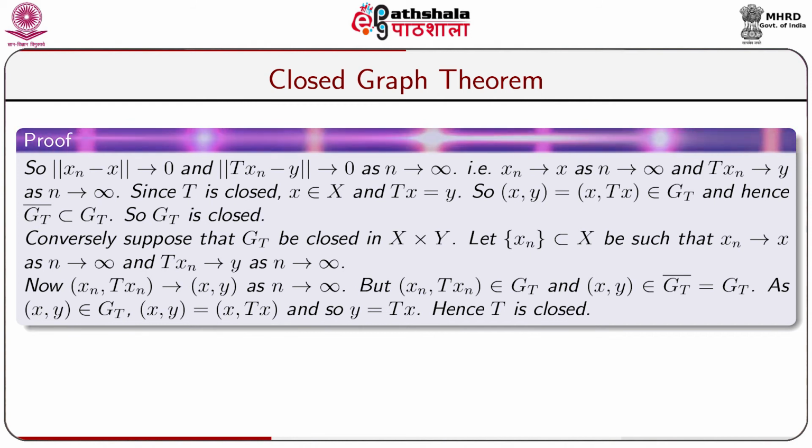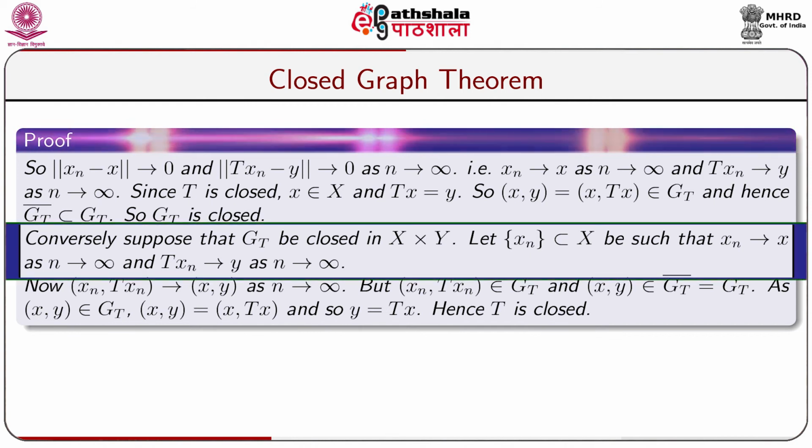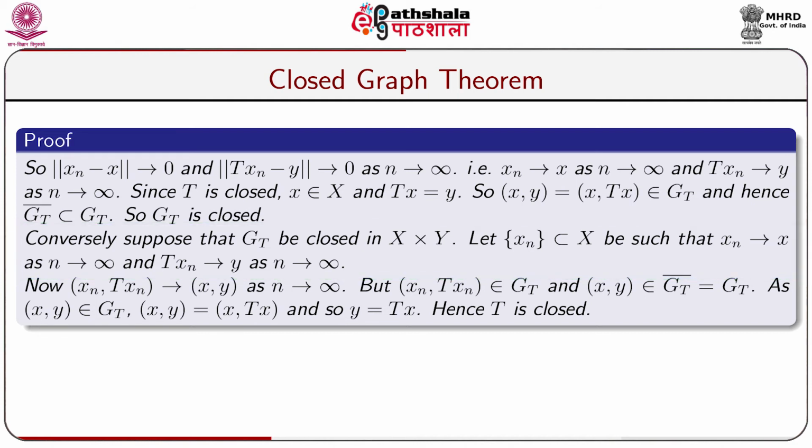so G_T is closed. Conversely, suppose that G_T is closed in the product space X cross Y. Let the sequence xn, an element of X, be such that xn goes to x as n tends to infinity and Txn goes to y as n tends to infinity.